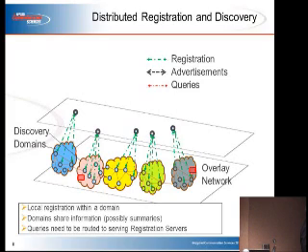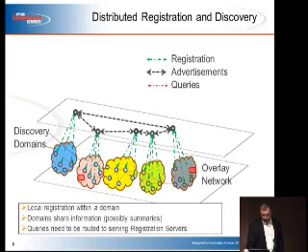But assuming that you've actually broken the nodes into domains, the idea that we're proposing is that nodes will register information about themselves to a local server. And that information is their capabilities, whether they're mobile or not, geographical location, etc. Once that information is initially registered, a subset of it can be shared among these different registration servers.